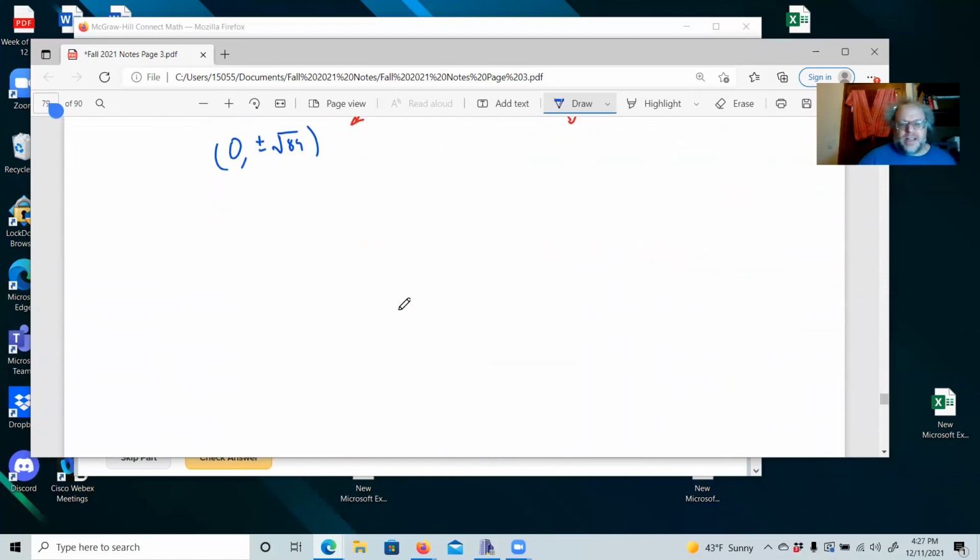So what if we do something like this? We do x squared over 25 plus y squared is equal to 1. And then we'll do x squared over 9 minus y squared over 4.